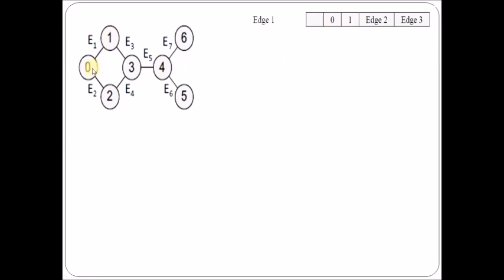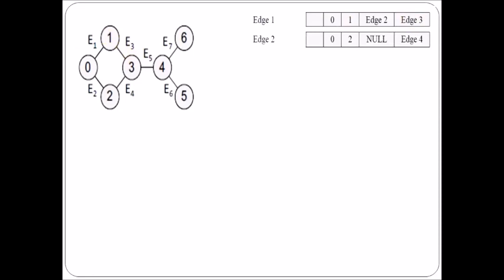Now for node 0, there is a possibility of another edge. Yes, from 0 there is another edge called E2. So I have mentioned here edge E2. In the same way, there is another possibility for node 1, that is E3. So I have mentioned here E3.